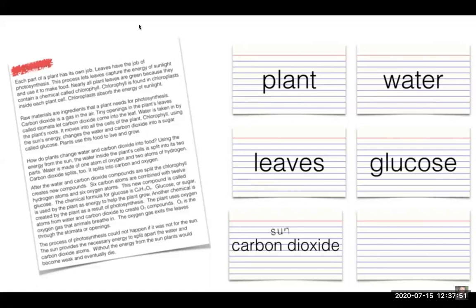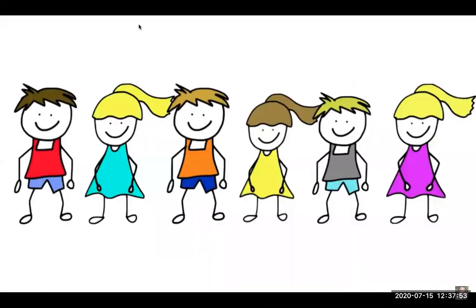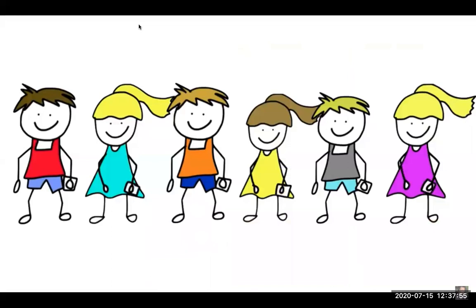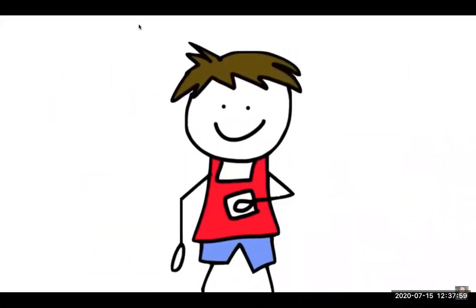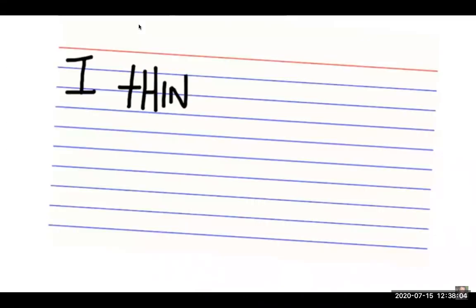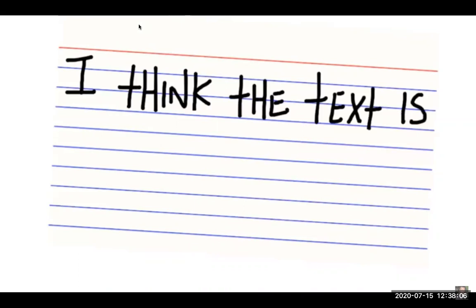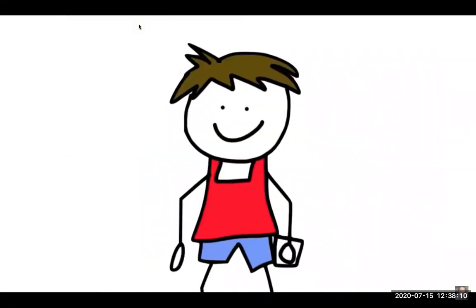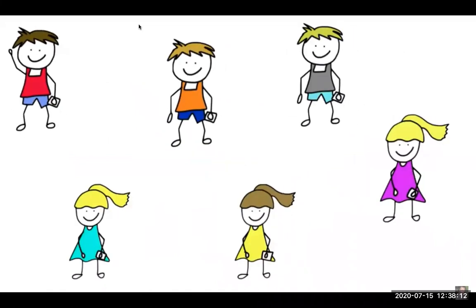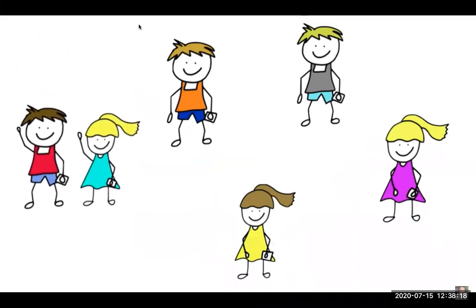Each of you are going to get one of those cards. When you get your card, read the clue and think to yourself, what could the entire text be about? Write a prediction on the back of your card. When you are done with your prediction, put your hand up, look around the room, and find someone else with their hand up. Go to that student.